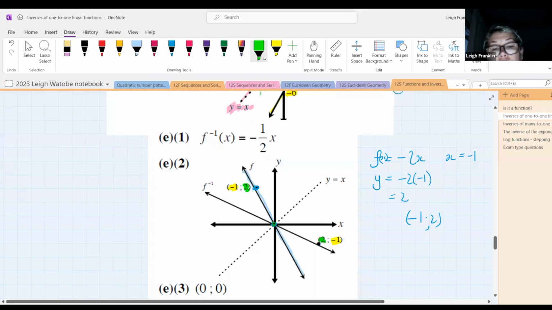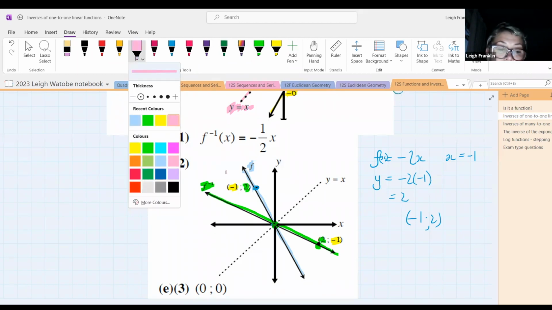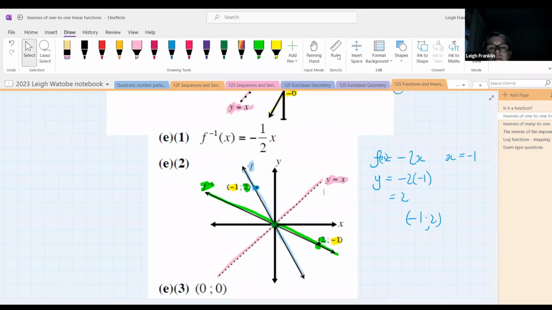Again, I know it goes to the origin and to this point. Grab a ruler, connect the two, and there we go. Just don't forget to label that and that one. And of course, your reflection line, not axis of symmetry, is always going to stay as the line y equals x.